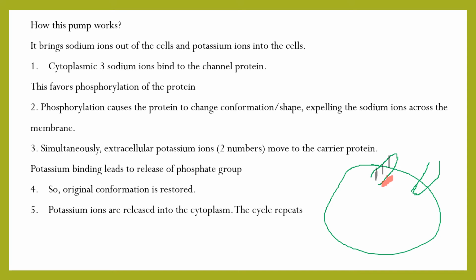Still, this phosphate group is attached, and because of that, the shape of this protein is changed. At the inner side, the protein is closed, but at the outer side, it is open, so easily these 3 sodium ions are released to the external part of the cell.